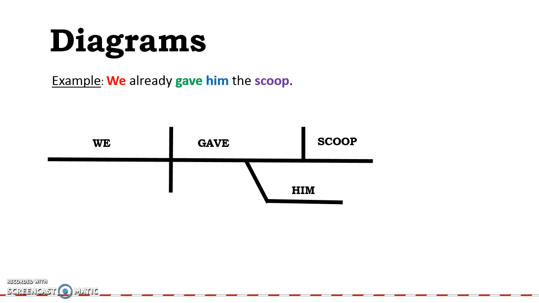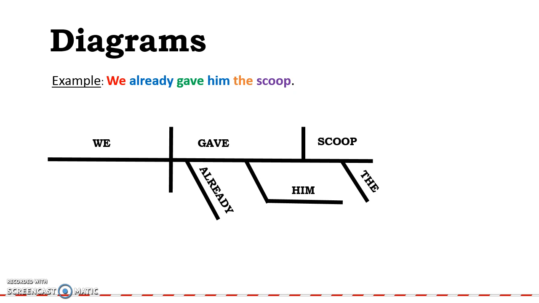Now we have two words left, already and the. Already, we can see, is an adverb because it answers the question, when. We put that beneath gave, and then we put the word the, article, modifier, beneath the noun it modifies, scoop.